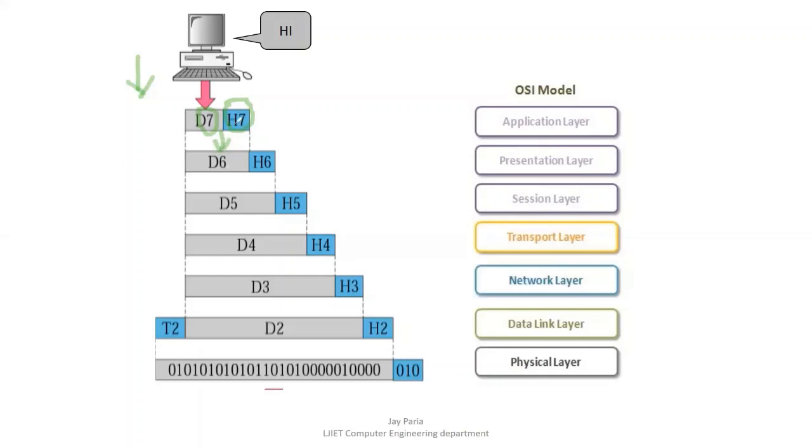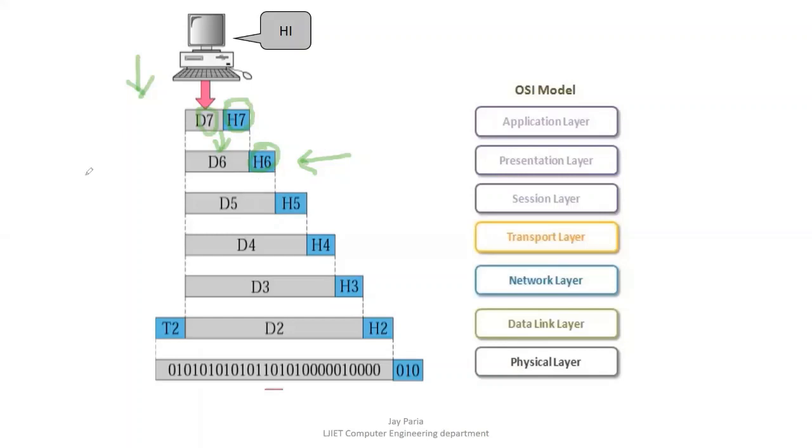In the presentation layer, the H6 header will be added. Again, in the H6 header there should be some information according to the protocol used in the presentation layer, and the information in H6 is only understood by the presentation layer. No other layer can understand the information in the H6.